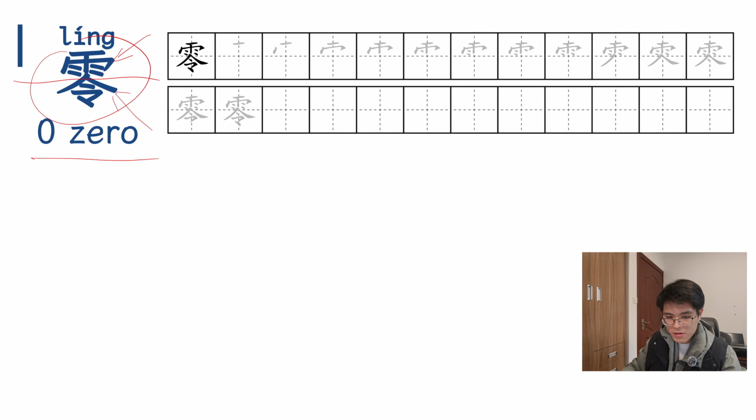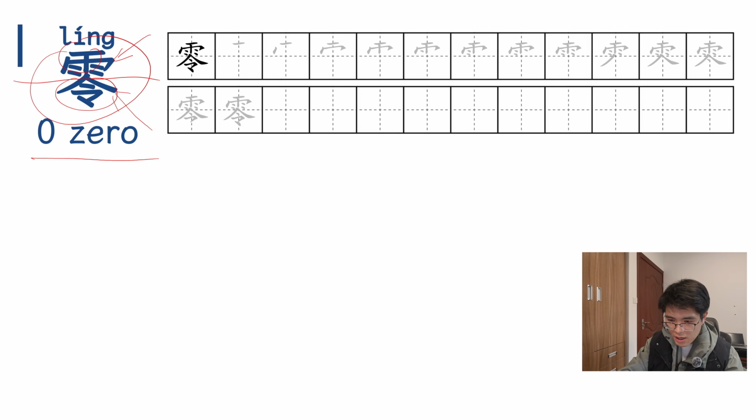So in terms of structure, the upper one is 雨, which means rain. And the lower one, 令, which means order.